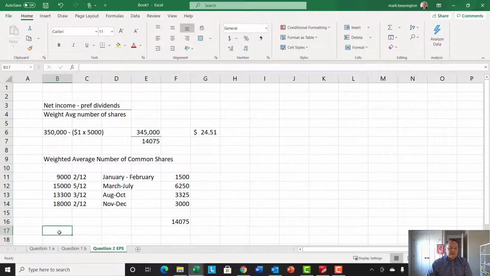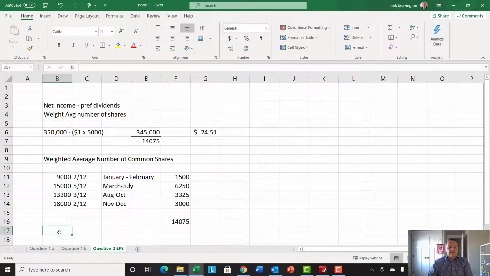And the last thing you needed to do, which was part B, easy mark, was to say which one you'd like to invest in. Dave's Diner makes $18.28 per share, and this makes $24.51.